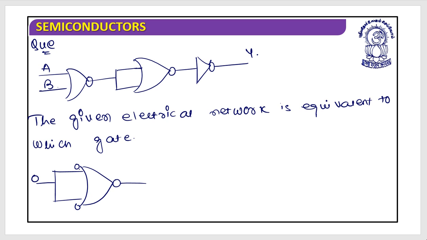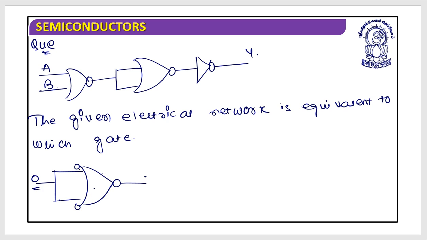And when I apply 0 and 0 to the OR gate, it will give me the 1, and 1 would be bubbled, then it would be a 0. If I apply 1 comma 1, I have made a mistake.